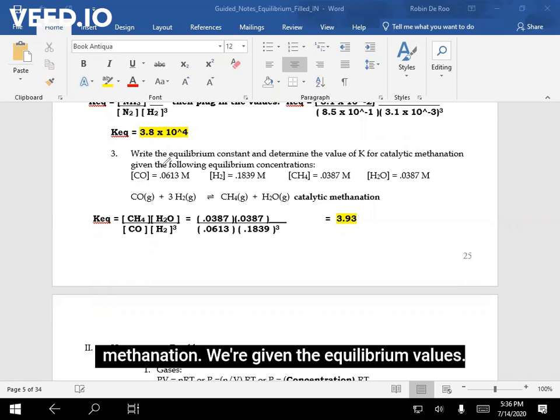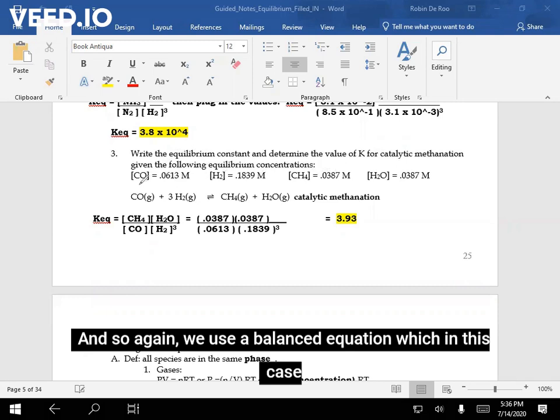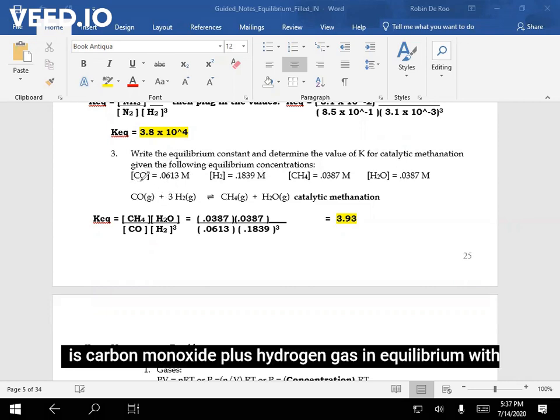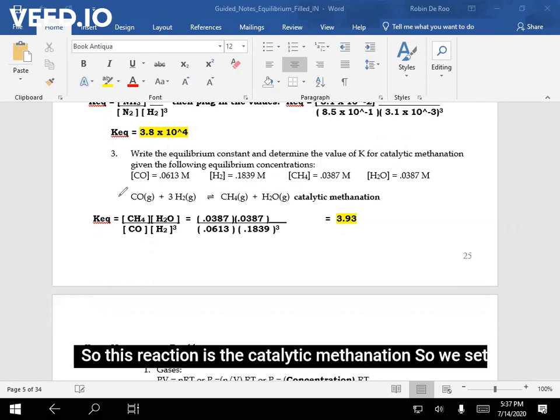We're given the equilibrium values. Again, we use a balanced equation, which in this case is carbon monoxide plus hydrogen gas in equilibrium with methane and water. So this reaction is the catalytic methanation.